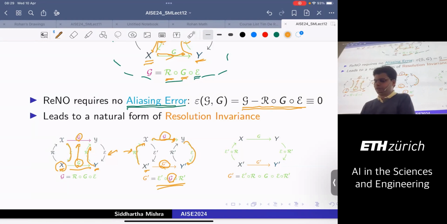Okay, when I compose the two, to go from G prime to G, what I do is first, I go from X prime. This is the discrete space, so let's say resolution on a grid. This is the operator here. I go to my infinite dimensional space here, and then I go to this finite dimensional space. So this is the block which expresses that.